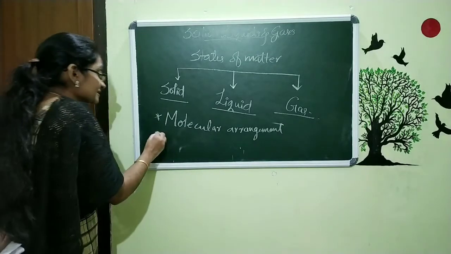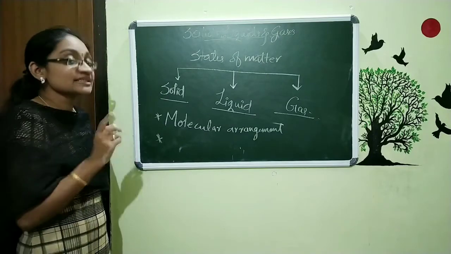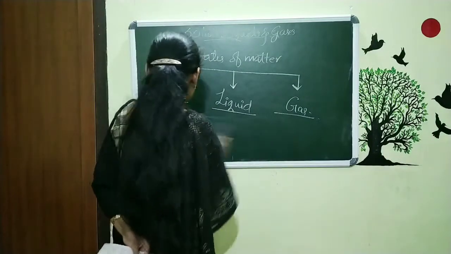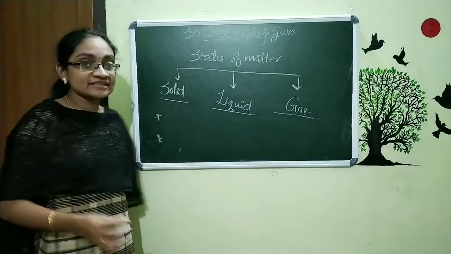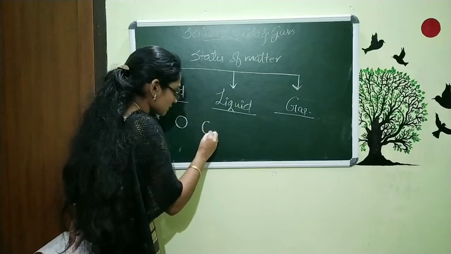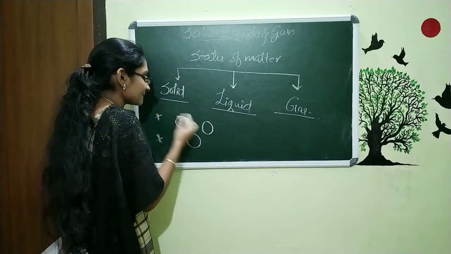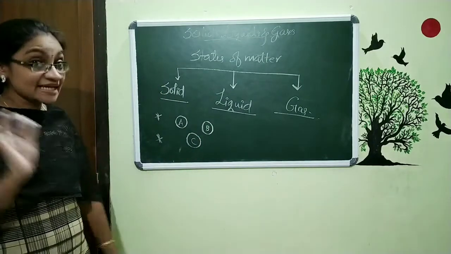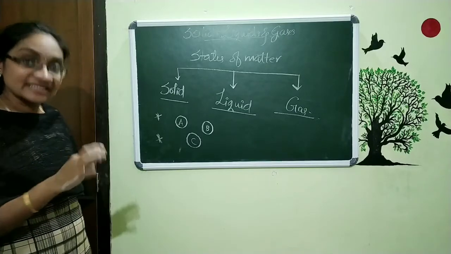And the next thing is this: between the molecules there is some sort of force of attraction. That means we said that matter contains molecules. Suppose these are some of the molecules. This is molecule A, this is molecule B, and this is molecule C. Within the molecules there are certain attractive forces.